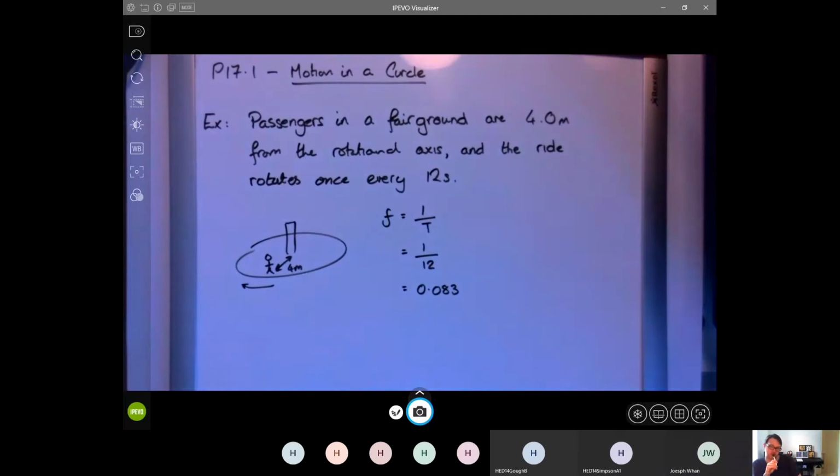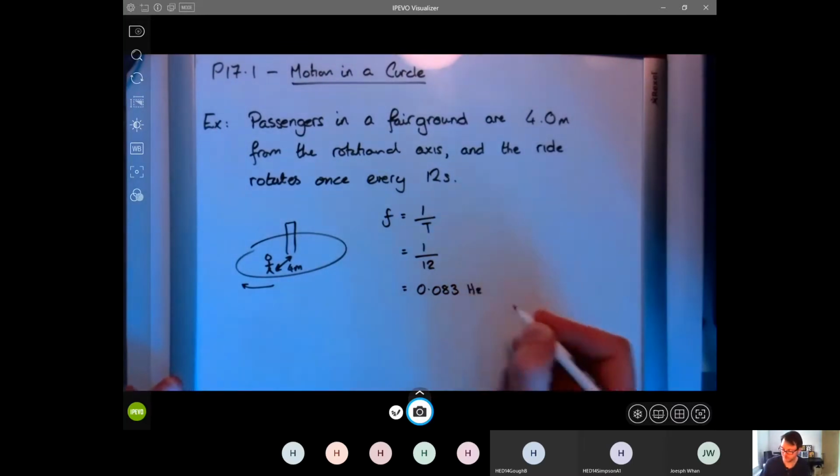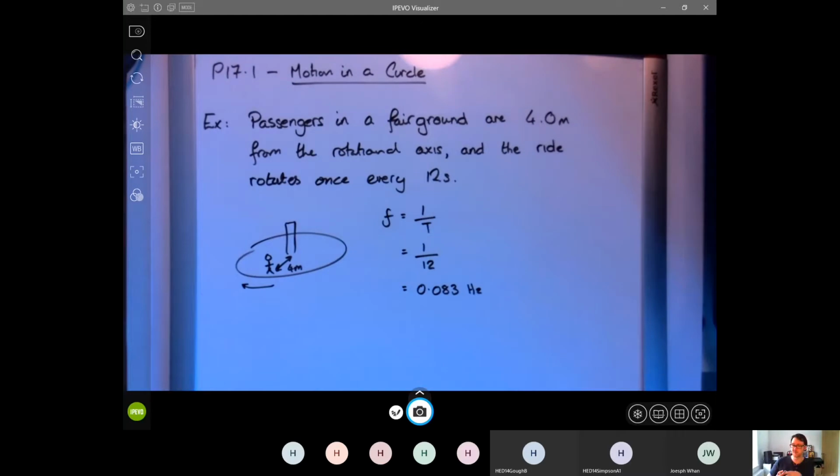Frequency. Anyone want to hazard a guess? We've used frequency before with waves. It's exactly the same. It's hertz.